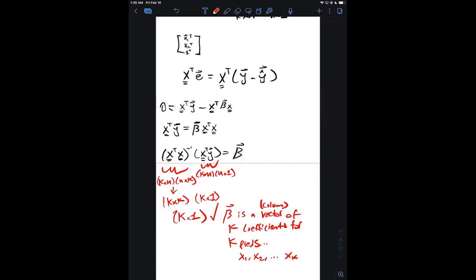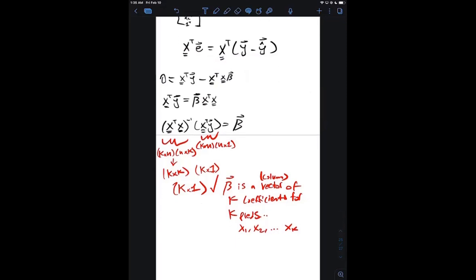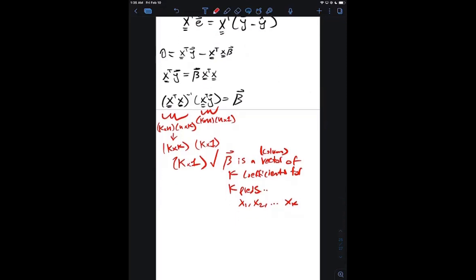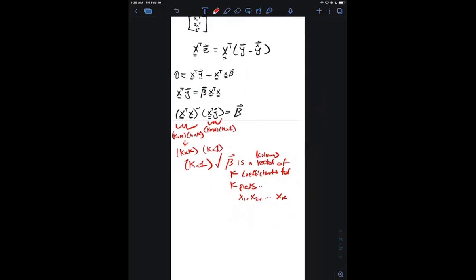Oh, and I just noticed I made a little mistake here. It should be written out like this. One last thought here. How does this show that the residual vector will have a sum and thus a mean of 0? Here's how you can check that. Recall that one of the x's is the one vector.